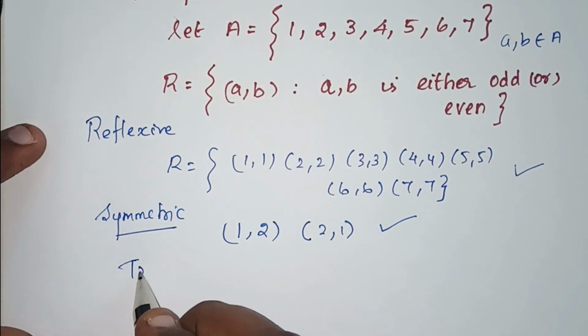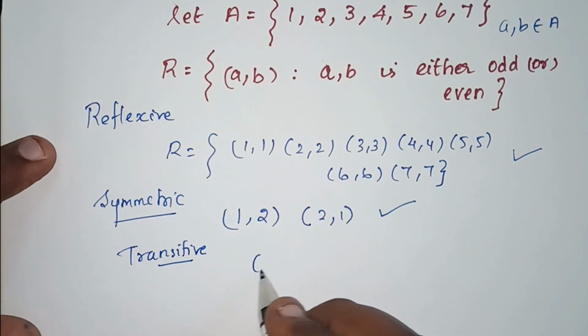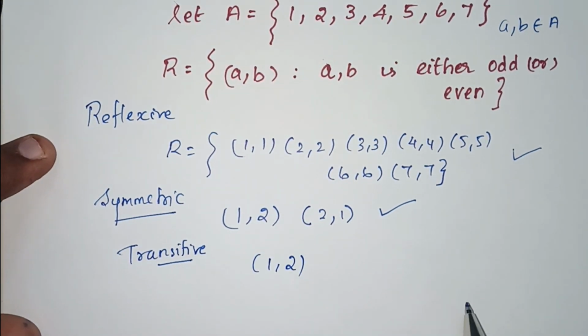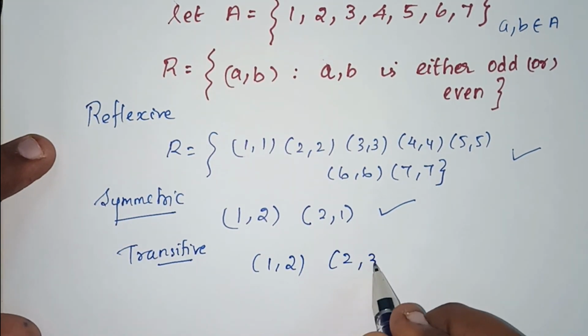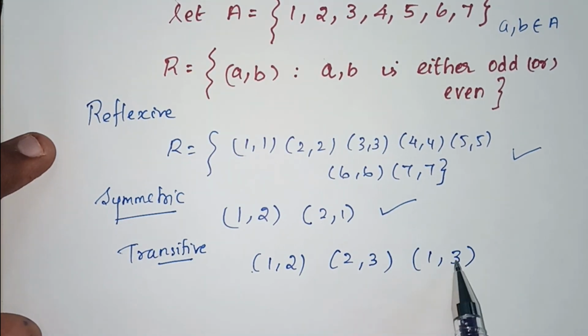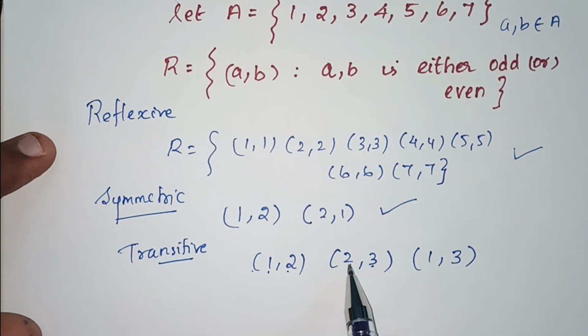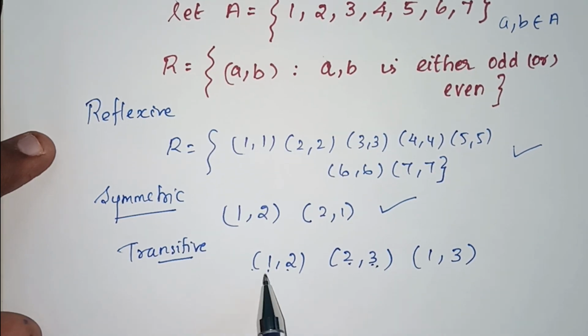Next, transitive. Transitive means if 1 comma 2 belongs to R and 2 comma 3 belongs to R, then 1 and 3 belong to R, right? 1 and 3 are odd. 2 is even, 3 is odd. 1 is odd, 2 is even.